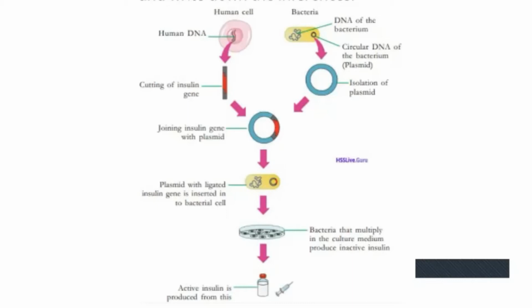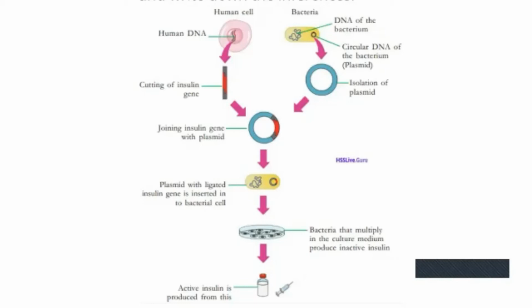So when this new genetic constitution is inserted in a bacteria, that bacteria is now capable of producing insulin, because the gene capable of producing insulin is cut from the human and pasted in the plasmid of the bacteria. So the plasmid with the ligated, meaning joined, insulin gene is inserted into the bacterial cell.